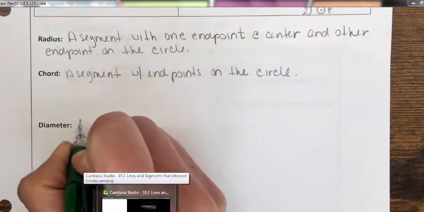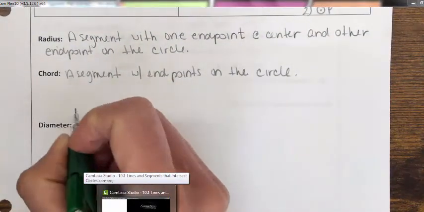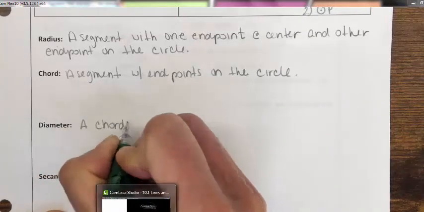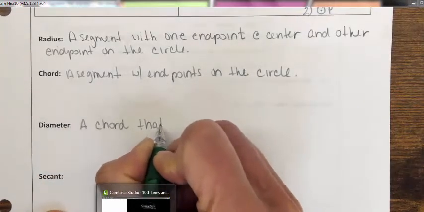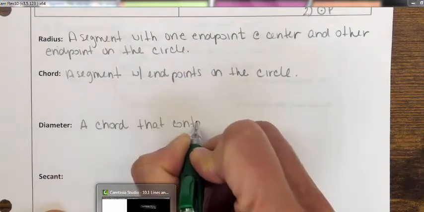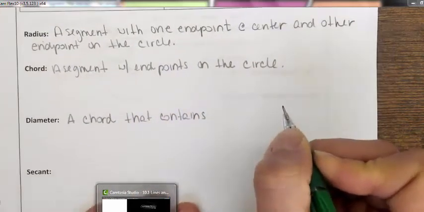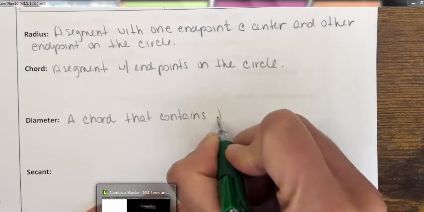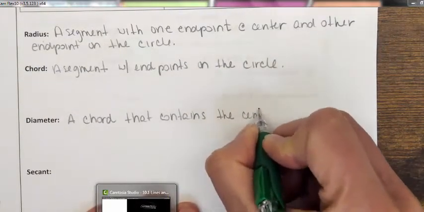So I'm going to say a diameter is a chord that contains, which means it goes through, the center.